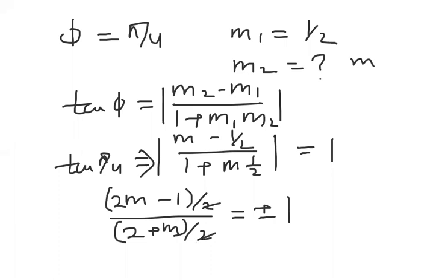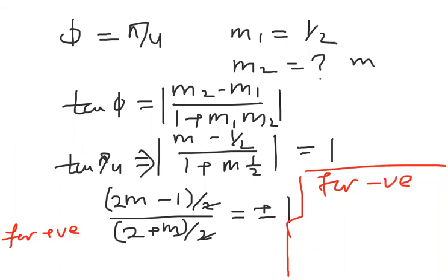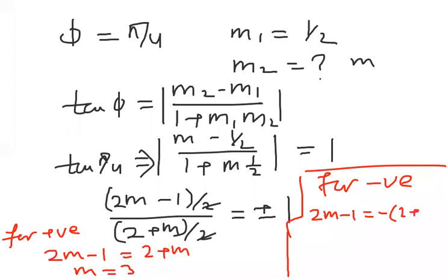Now we need to solve this with two cases. One is for positive, next is for negative. When solving for positive, it will be 2m minus 1 is equal to 2 plus m, so m is equal to 3. And for negative, 2m minus 1 is equal to minus 2 plus m, so 3m is equal to minus 1, m is equal to minus 1 by 3.